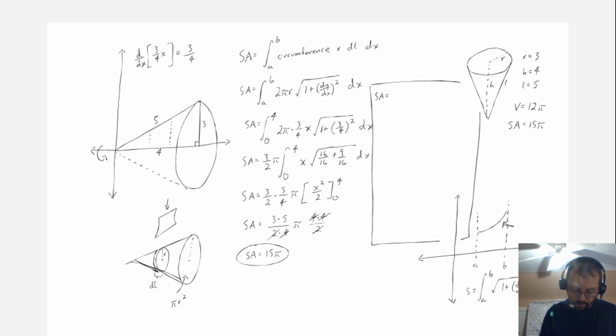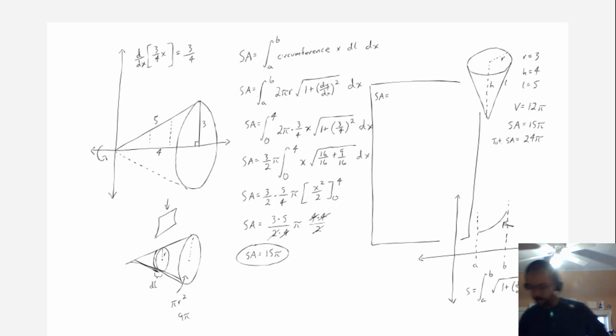R was 3, so we're going to end up with 3 squared, which is 9 pi. So we have to add 9 pi to the 15. So total surface area is actually equal to 24 pi, because that's what our formula from the internet is going to give us.